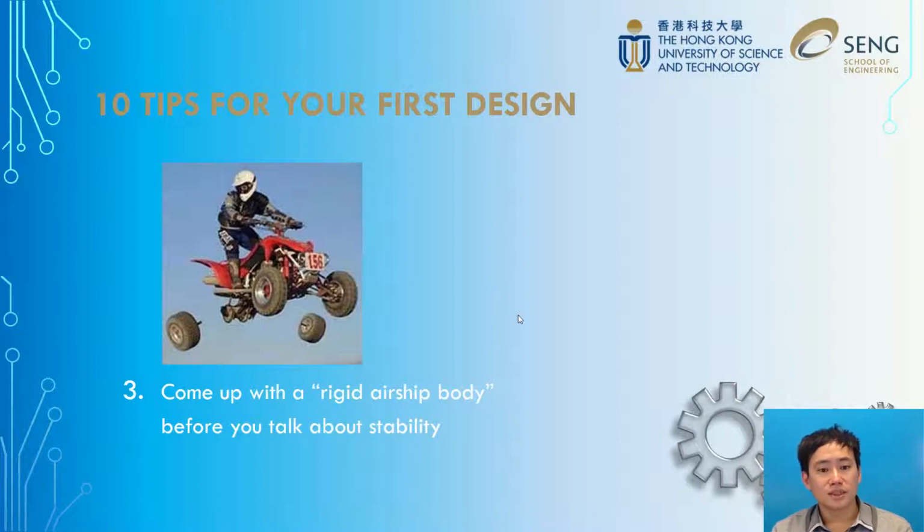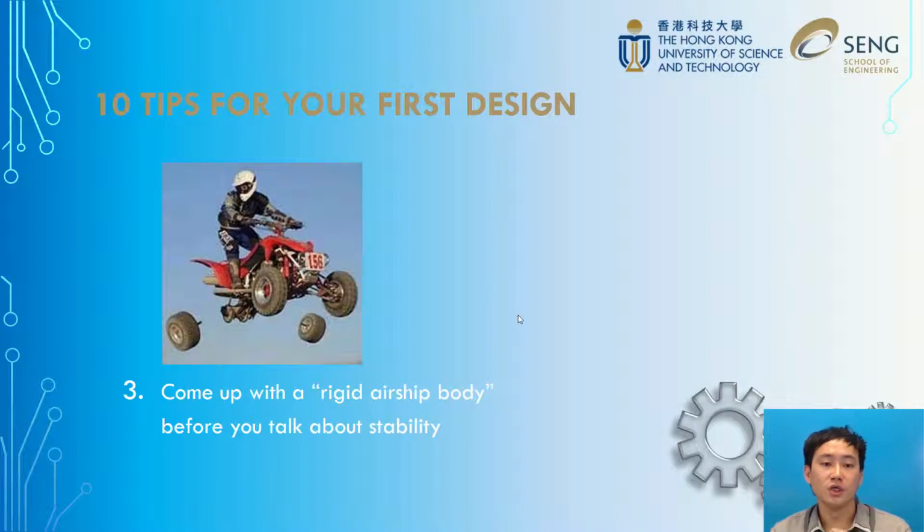Third item is you need to come up with a rigid airship body before you talk about stability. Stability is always about the position of the centers: the mass center, buoyancy center, thrust center, and also the drag center. If the body is not rigid, that means these centers are not in a proper position.